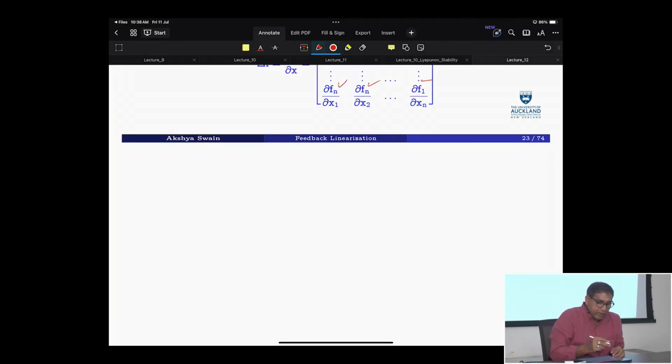Now I need only one piece of mathematics here, the Lie derivative, from Lie algebra. This will take some time to digest, but it doesn't matter. L_f h is equal to del h over del x into f.